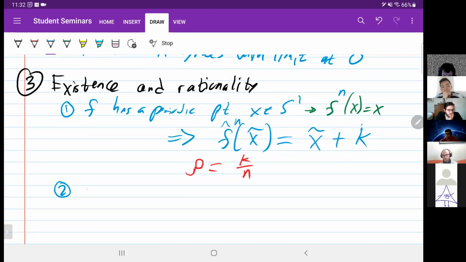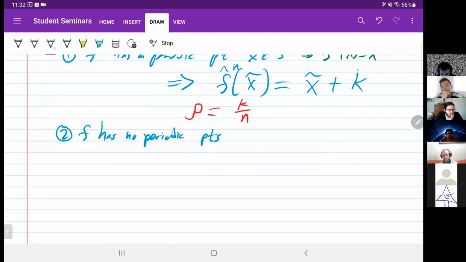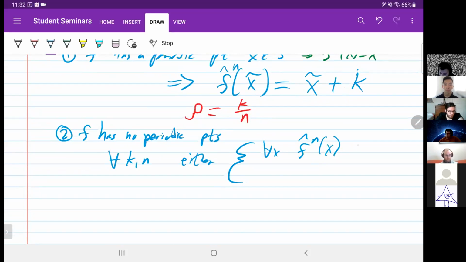Okay, so let's suppose then that f has no periodic points. And I'll cheat a little bit on this one, but if f has no periodic points, then this tells us that for all k and n, either for all x, f hat^n of x is greater than x plus k, or for all x, f hat^n of x is less than x plus k.